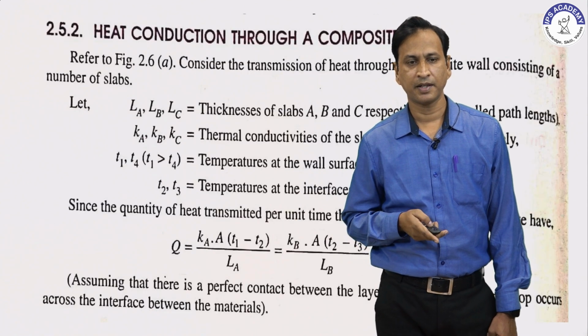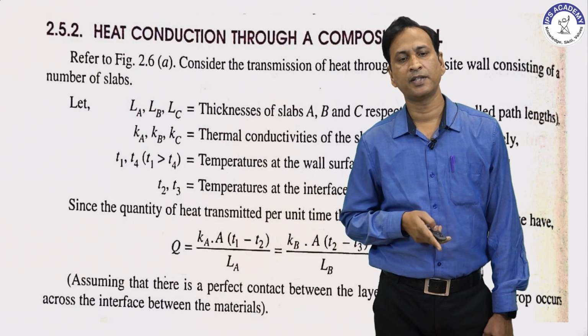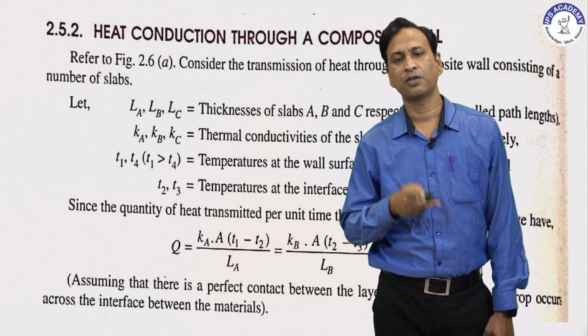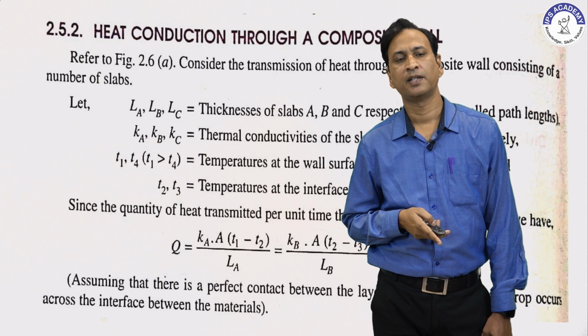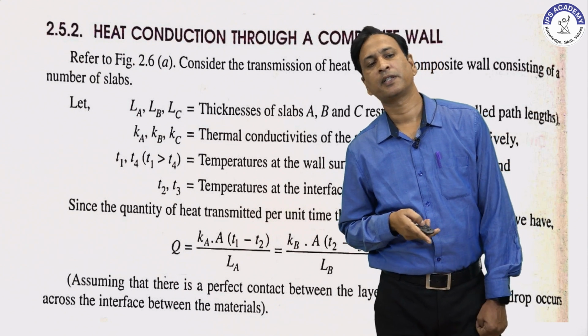We describe here LA, LB and LC, and T1 is always greater than T4. T1 and T4 are the temperatures at wall faces 1 and 4 respectively, and T2 and T3 are the temperatures at surfaces 2 and 3 respectively.